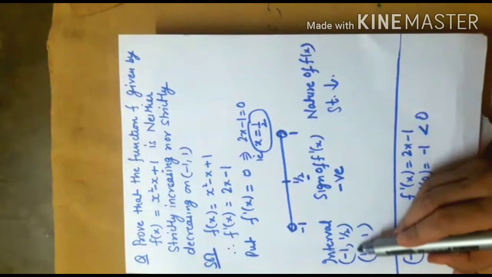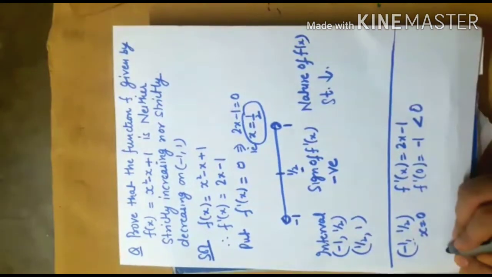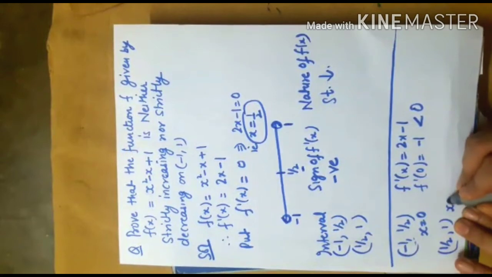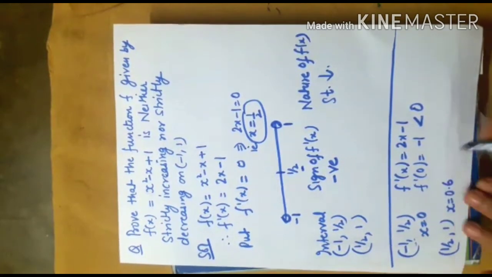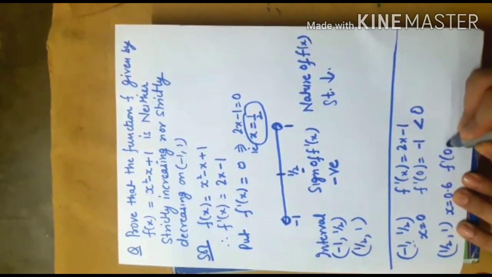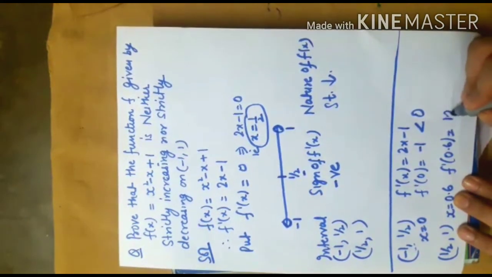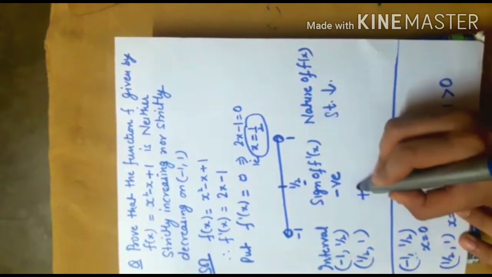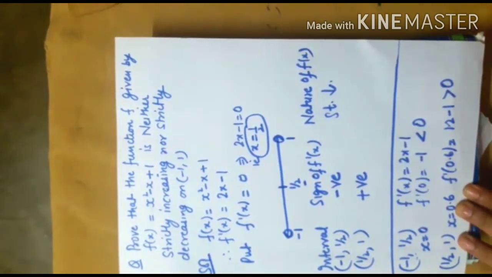Now I check the sign of the derivative in this interval 1 by 2 to 1. Suppose I take x equals to 0.6. So f dash 0.6 will be 1.2 minus 1, which is greater than 0. So sign of the derivative will be positive.